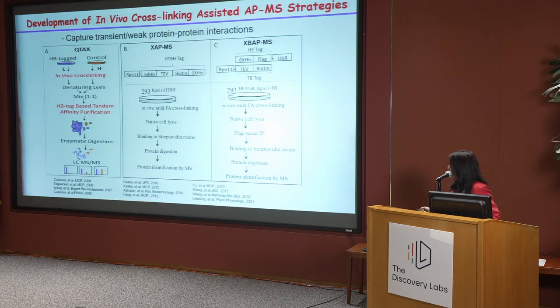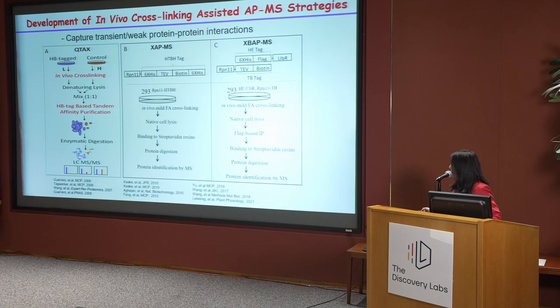Through tandem affinity purification under fully denatured conditions and quantitative mass spectrometry, we were able to identify the specific interactors. So we were able to capture a variety of proteasome interactions when we first started, not only the stable, but also the weak and transient interactions.